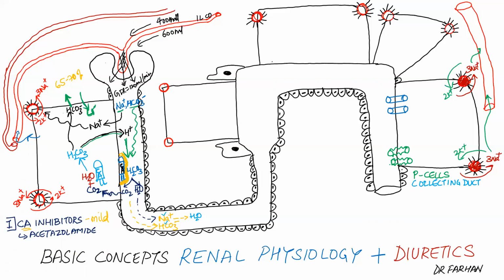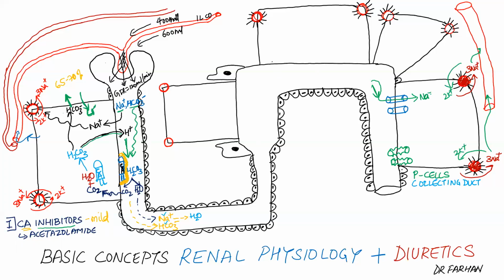When sodium is traveling along the thick ascending limb of loop of Henle and the distal convoluted tubule and comes to this particular junction, the sodium which was not reabsorbed in the PCT because of the action of CA inhibitors will come over here. So this sodium will get reabsorbed here.